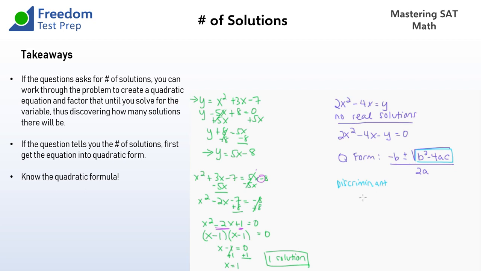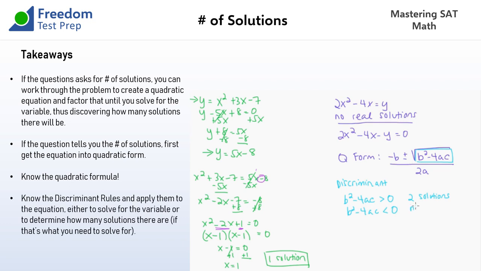So if the discriminant is positive, maybe I'll just write it out so it's really clear. If it is greater than 0, then there are going to be two solutions. If this is less than 0, then there are going to be no solutions.